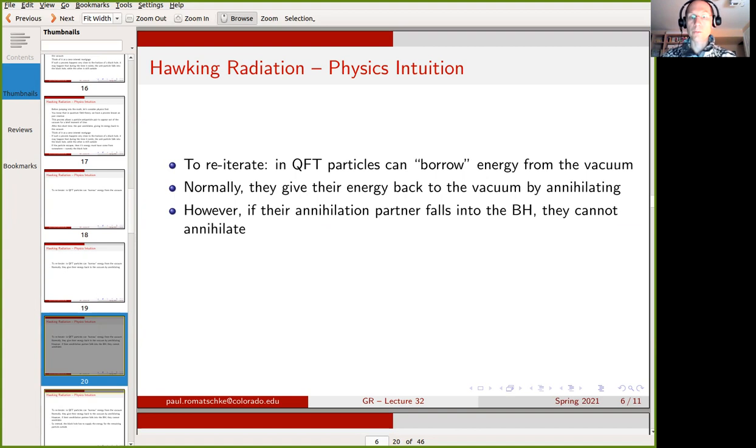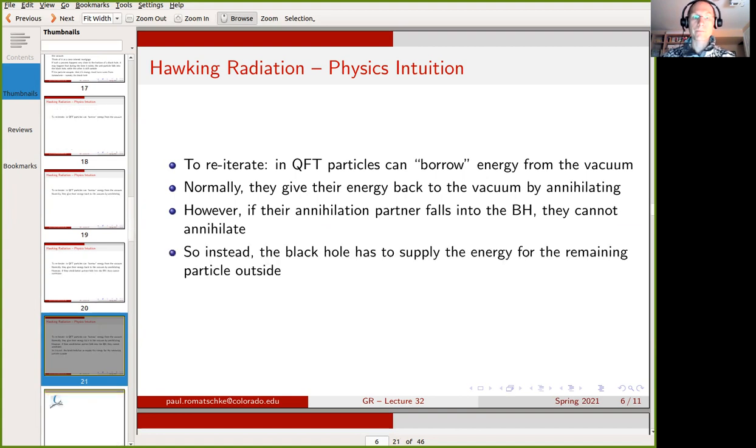So the annihilation process is no longer possible, and the remaining particle can escape, and it does. Because energy conservation must still apply, the only source of energy that is available is the black hole. So the black hole basically pays the mortgage for the particle that has escaped.